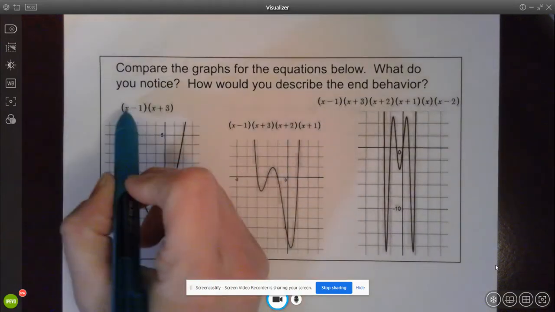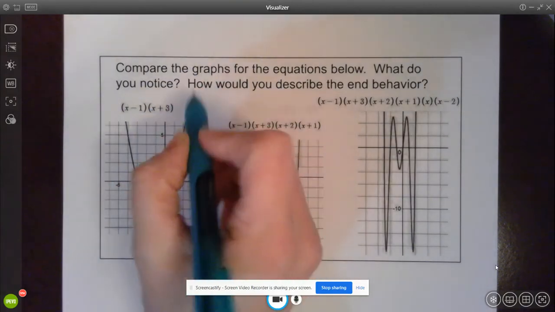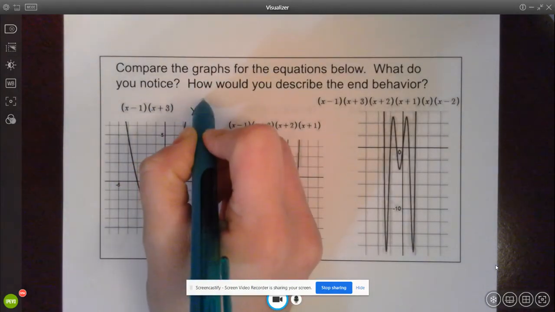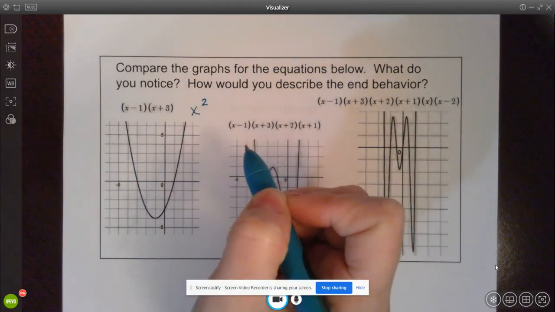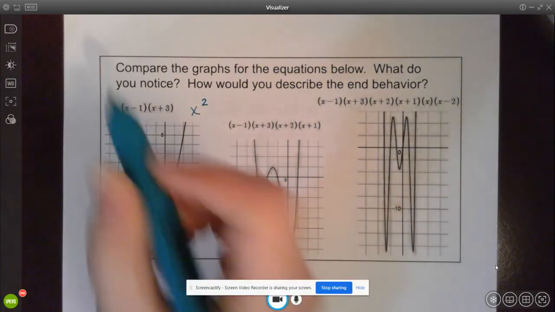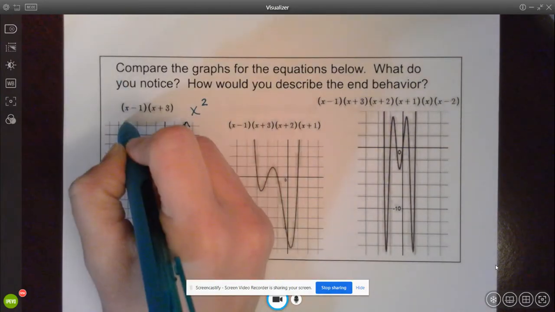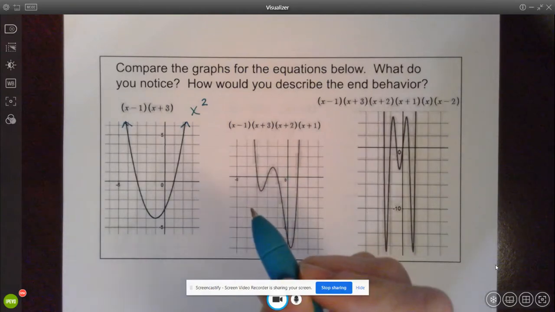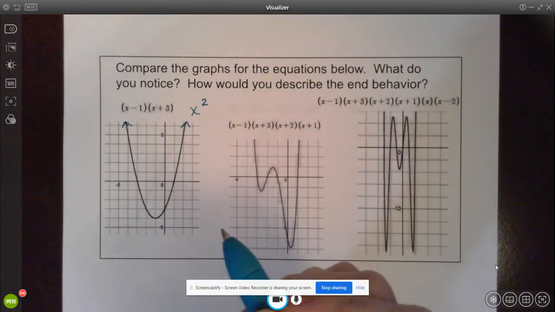So here for this first one, since I have x times x, I know my leading coefficient would be x squared. And when we're talking about end behavior, what we mean is where is this graph headed? If there were arrows specifically drawn on the ends, where are we going towards?